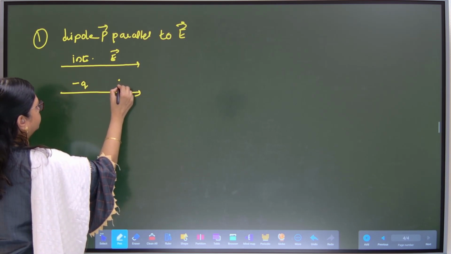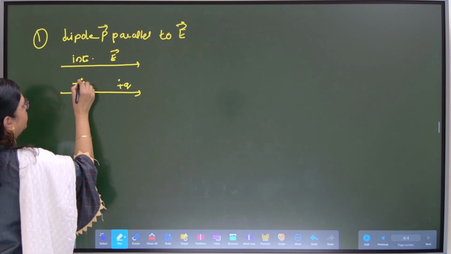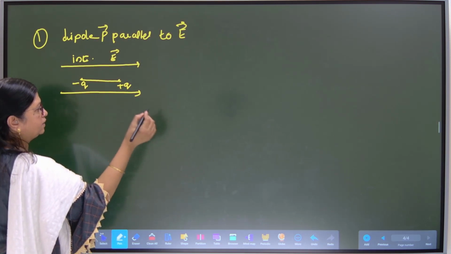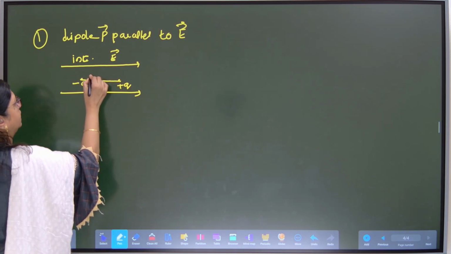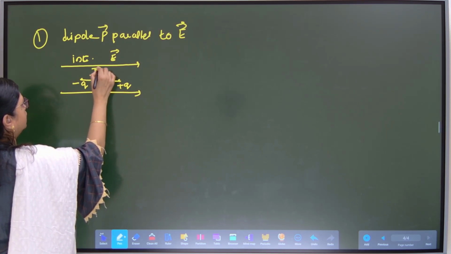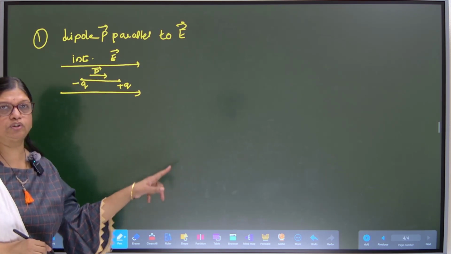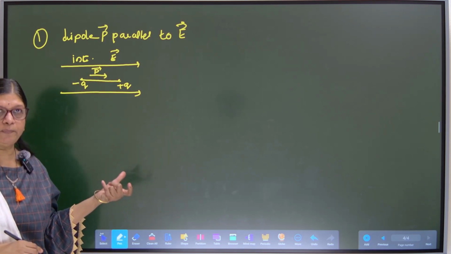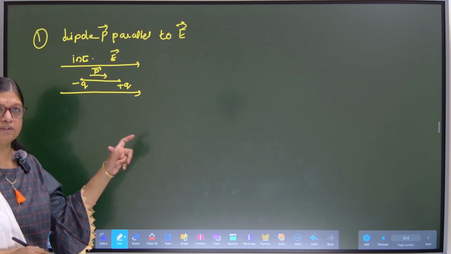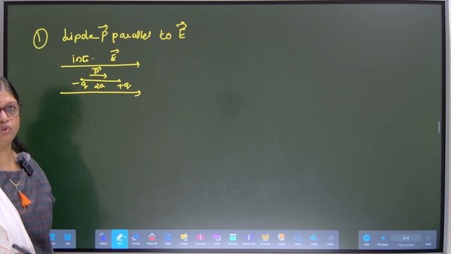represented by a positive charge and a negative charge parallel to the electric field's direction. Again, revising, the direction of electric dipole is always from negative charge to positive charge, and it is a combination of negative charge and positive charge with a distance of 2a between the two charges.